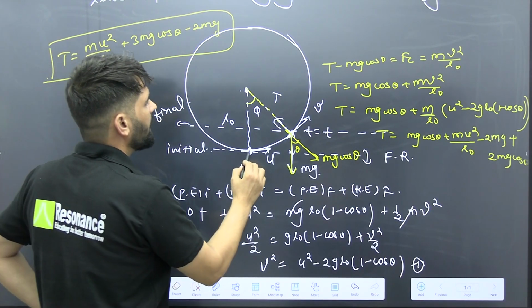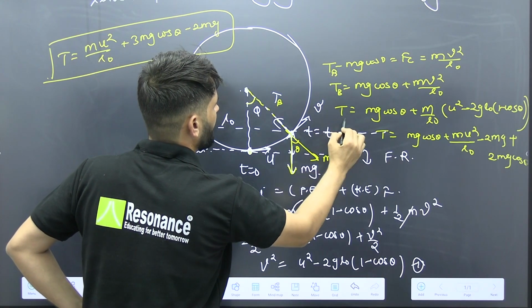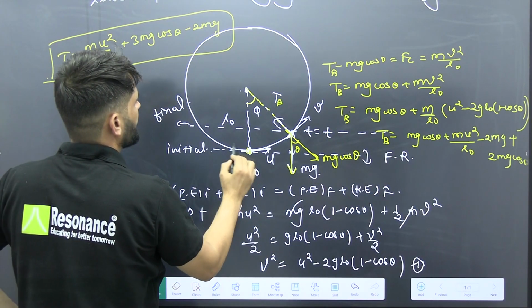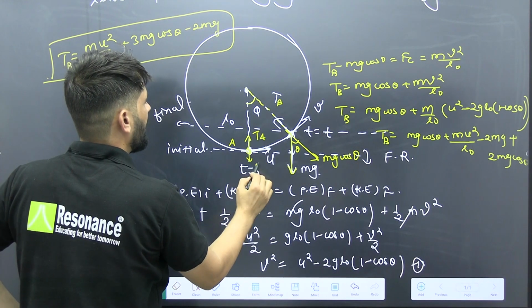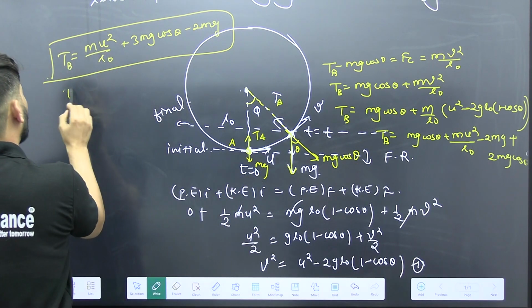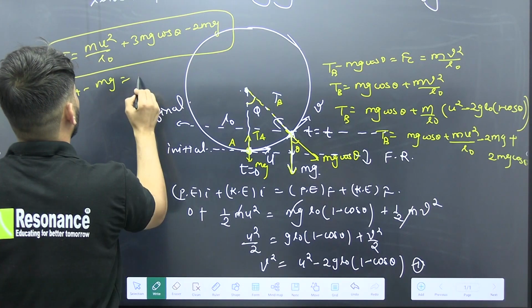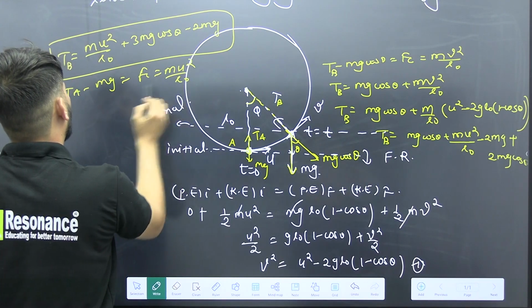We can also find the tension at point B, so T B. Let's assume this point A, so we can also find the tension at point A. mg is simply acting, and T A minus mg is equal to Fc. Fc is equal to m u square by L naught.